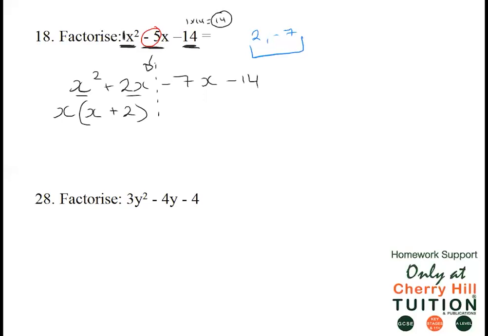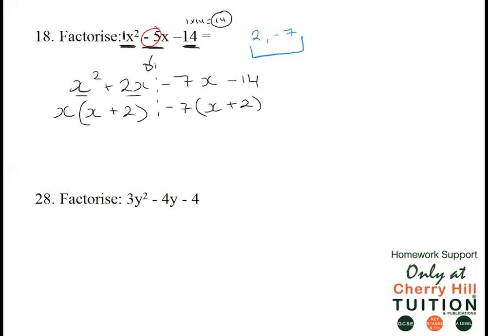In the same way, on the right-hand side we take the minus 7 out because that is common in both terms. Minus 7 multiplied by x gives minus 7x, and plus 2 multiplied by minus 7 gives us minus 14.